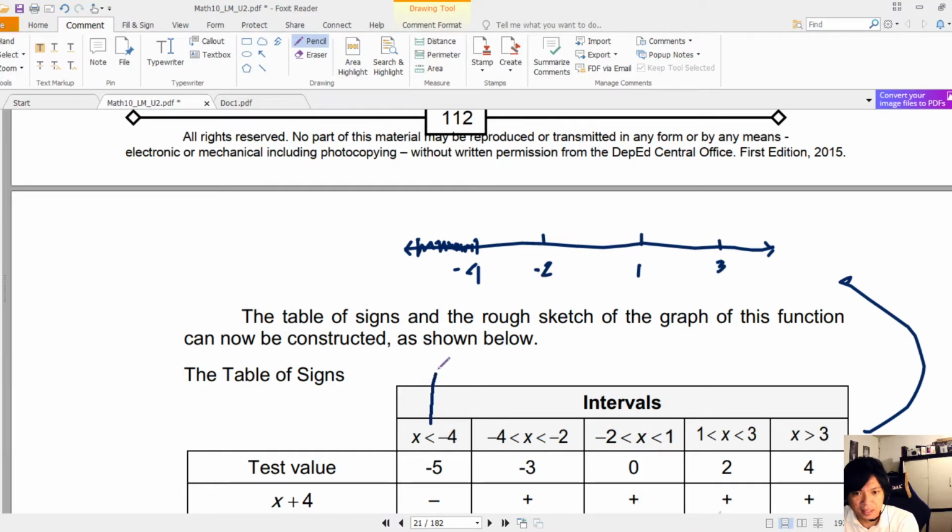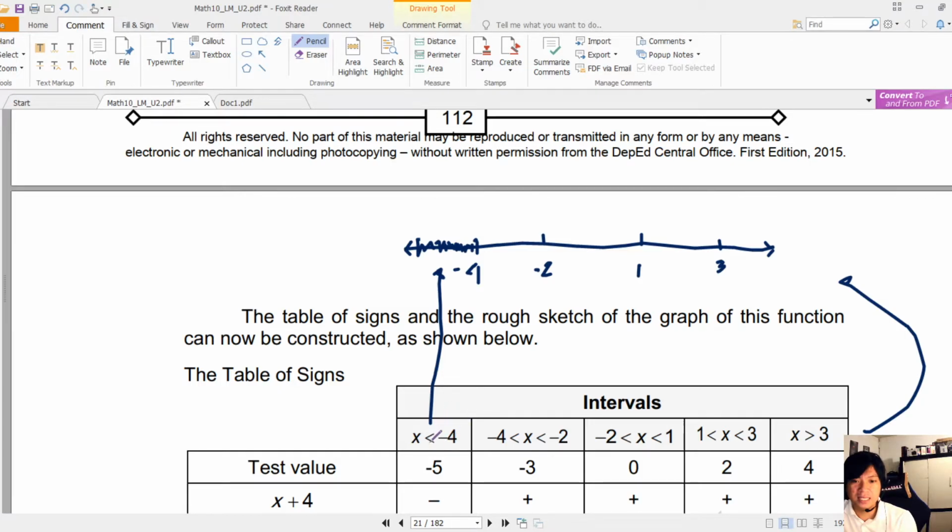Yan. Yan siyang equivalent niya. X is less than negative 4. So, pwede siyang negative 5, negative 10, negative 1 million, negative 2 million, and so on and so forth. So, walang infinite yung values ng x natin. So, nirepresent na lang siya as x is less than negative 4.